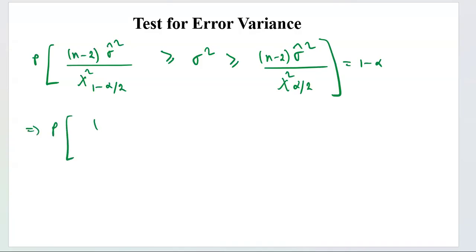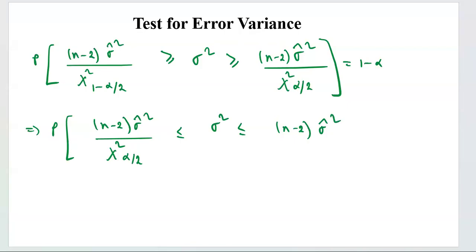Probability that n minus 2 sigma cap square by chi-square alpha by 2 is less than or equal to sigma square, which is less than or equal to n minus 2 sigma cap square by chi-square 1 minus alpha by 2, equals 1 minus alpha.